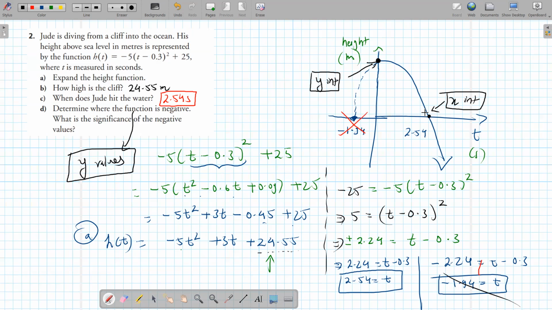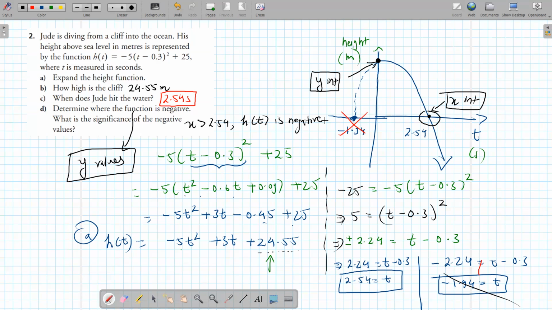After which x value is the y value negative? 2.54. Exactly. So the function is negative when x is greater than 2.54, right? H of t, or the y, is negative.